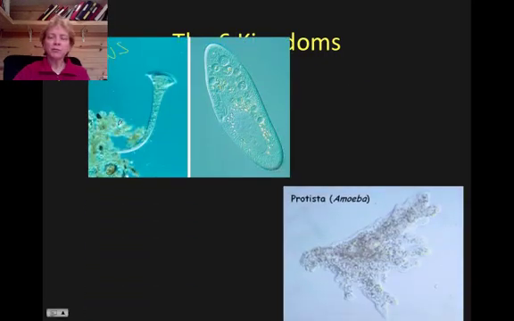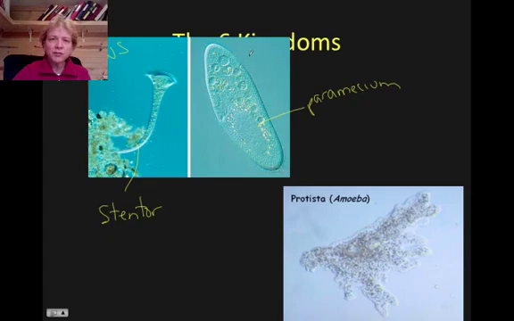And then if we go back to the Protista kingdom, these would be examples of animal-like protists. These are microscopic organisms found in pond water. This little guy here is called a stentor. This guy here is a paramecium. And we have an amoeba. The stentor has cilia, which are tiny hair-like projections that are constantly moving to help bring in food particles.